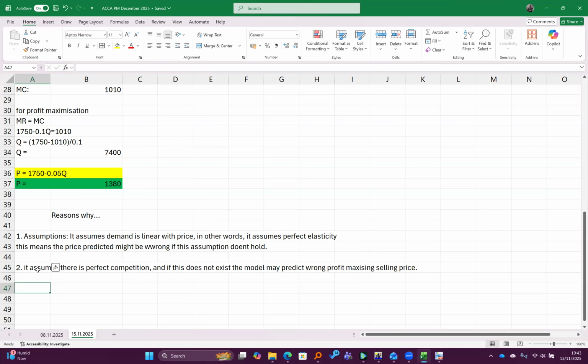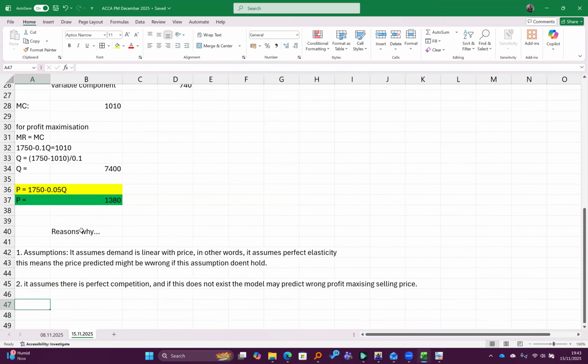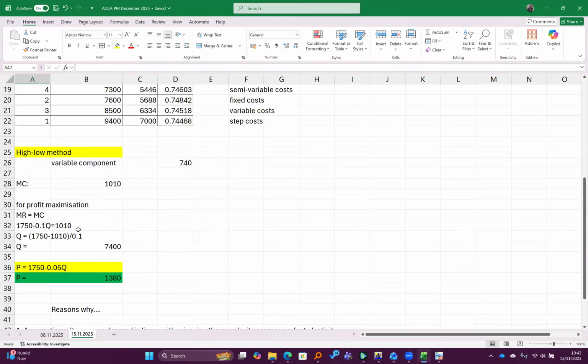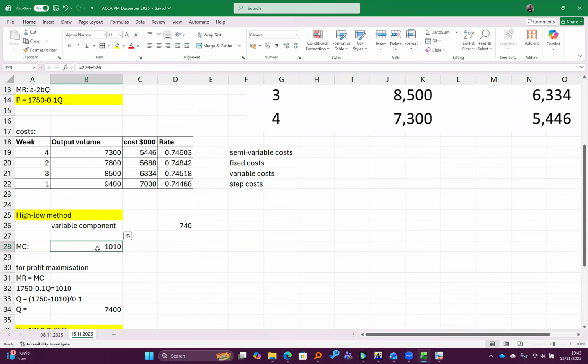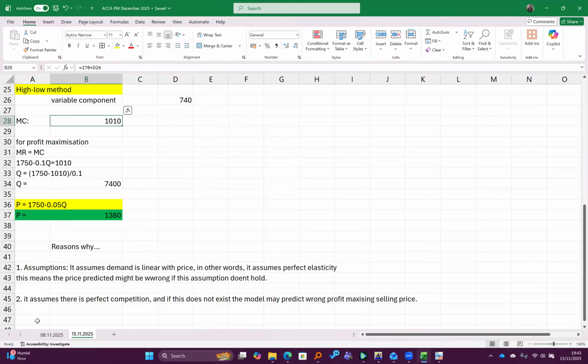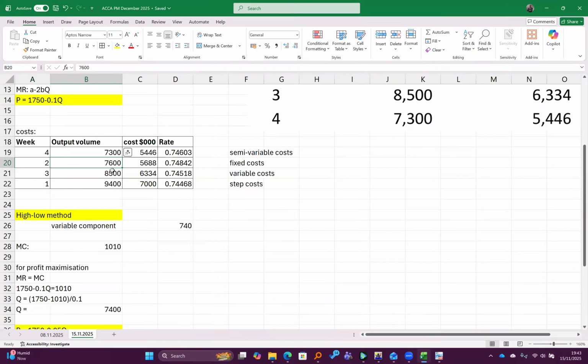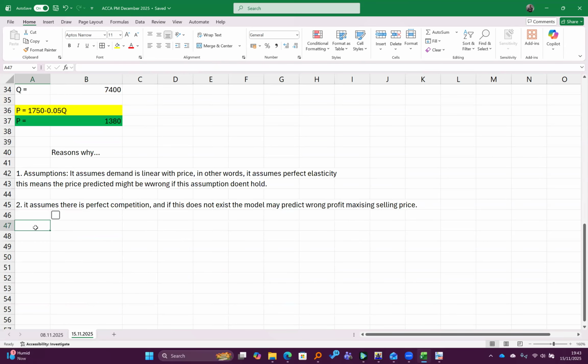So what other reason may it fail? It also fails. Now you see how we did this computation here, where we have to get a variable cost. It can also fail if these costs here were step fixed costs, because then it's not easy to get a good variable cost, since the fixed cost also will change after some volumes.